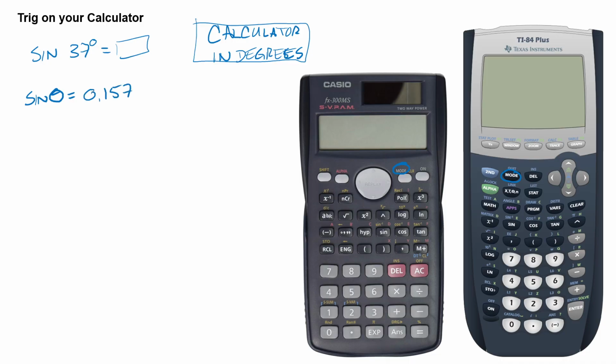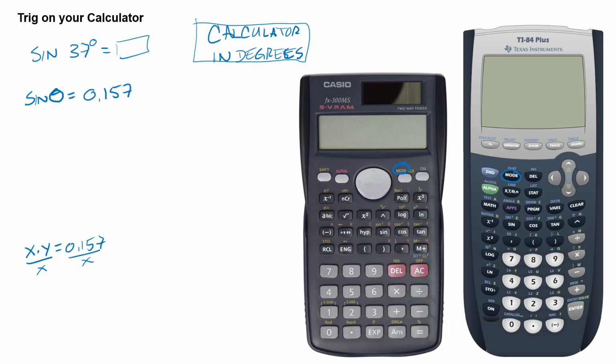But what if you knew that the sine of the angle that you didn't know happened to be 0.157? How do you enter sine theta equals 0.157? How do you solve for theta here? Well, if you were doing other math and you had x times y equals 0.157, and you were trying to solve for y, you'd divide both sides by x.